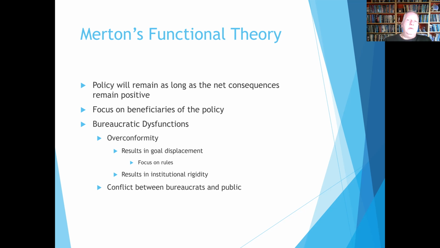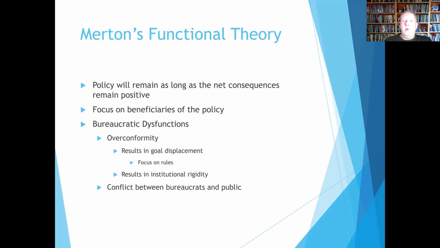As they continue to demand them, that will place pressure on elected officials and appropriators to provide the requisite resources that organizations need to continue providing those policies and programs. So it's essentially a self-fulfilling prophecy. So let's focus on those beneficiaries and how well the organization serves them.